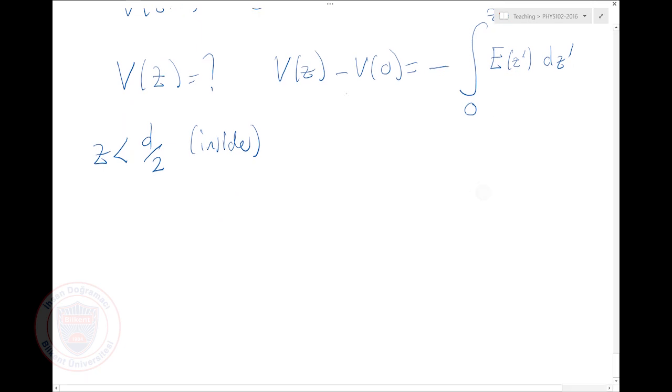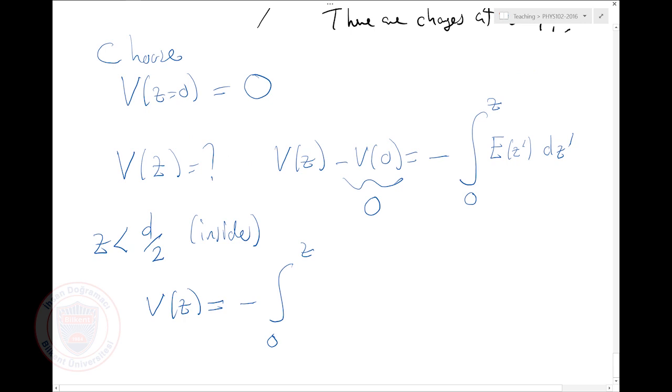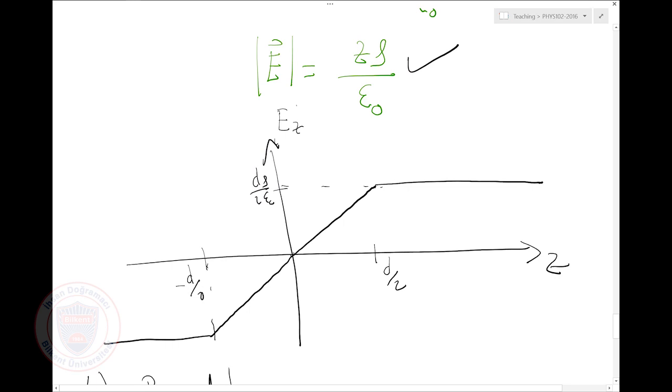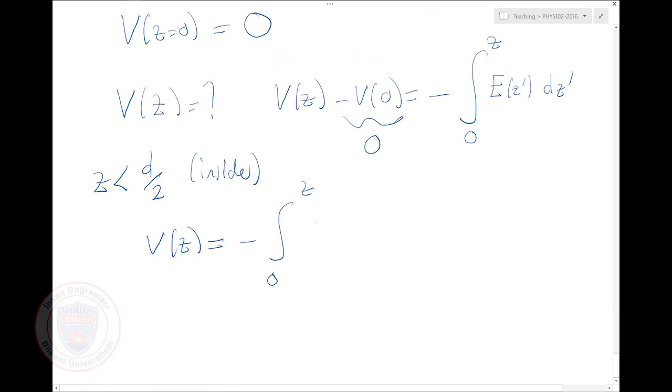Now, V of 0 I took as 0, so V of z is going to be minus the integral from 0 to z. Inside, my electric field magnitude was z rho over epsilon 0. So that's what I'll write: z rho over epsilon 0 times dz. And I'm going to put primes here just to remind me that I'm doing my integral from 0 to z.